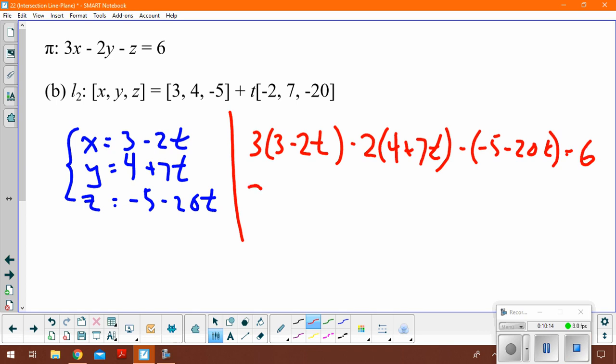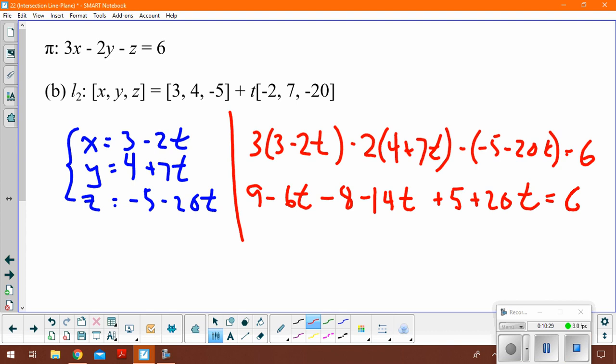Okay, so going across here, I have 9 minus 6t minus 8 minus 14t, and then I've got plus 5 plus 20t is equal to 6. Okay, so starting with my t terms, I've got take away 6, take away 14, that's negative 20, then plus 20. So I have 0t at the moment.